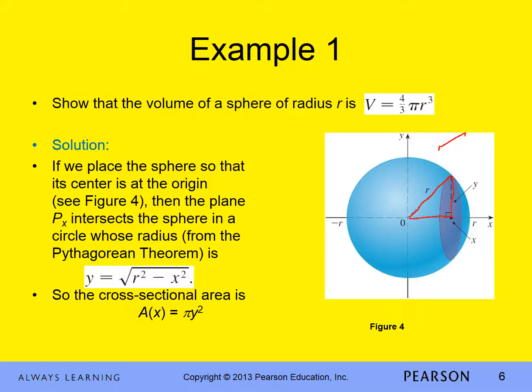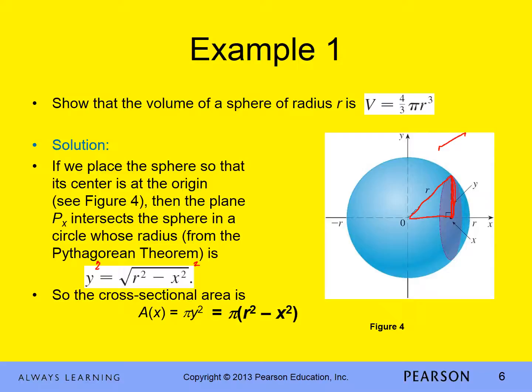And the radius of this circle, not to be confused with the radius of the sphere, is y, but of course we have an expression for y. y squared is the square of the square root of r squared minus x squared, so y squared is r squared minus x squared.